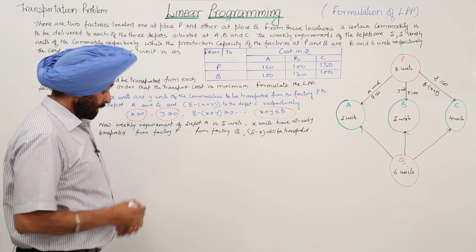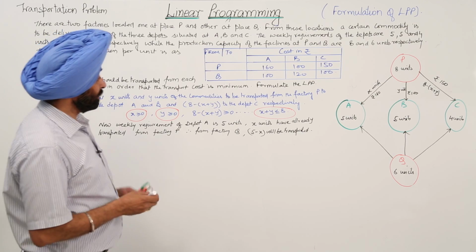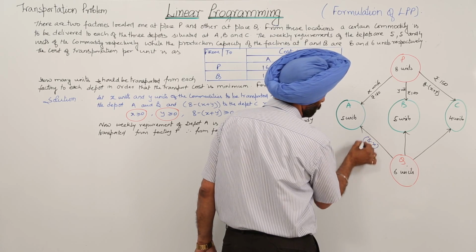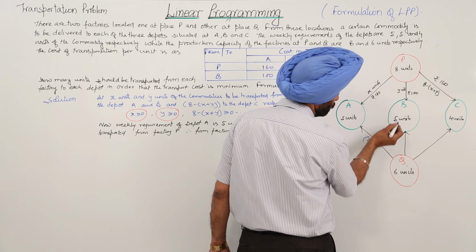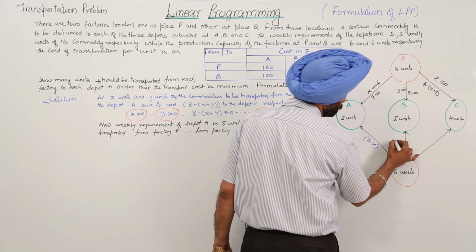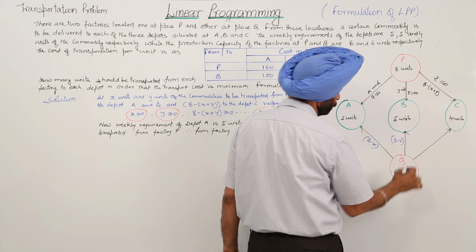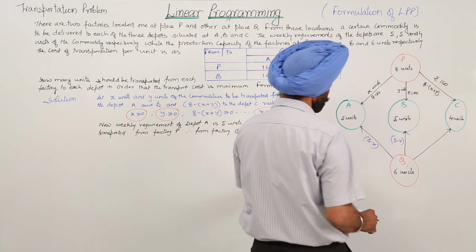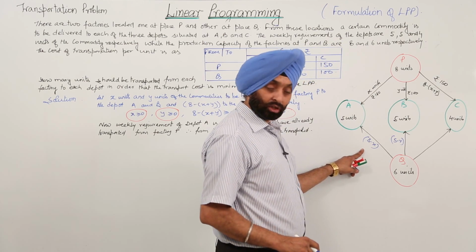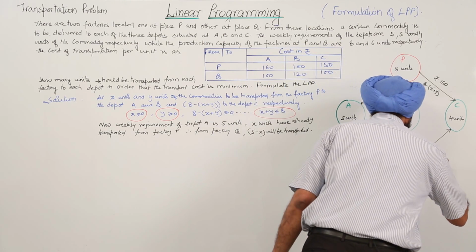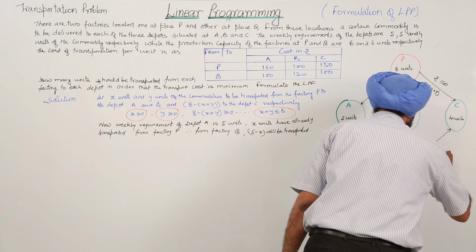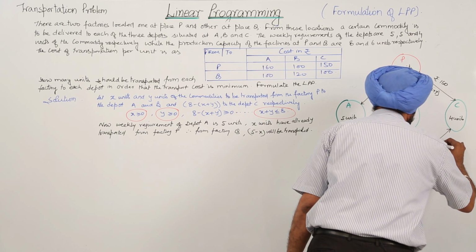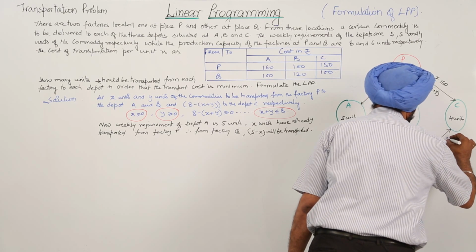Is it clear? Similarly, from Q to B, since Y is already given, it will be 5 minus Y. And from 6 we subtract the sum of these two, so we have 6 minus (5 minus X plus 5 minus Y).